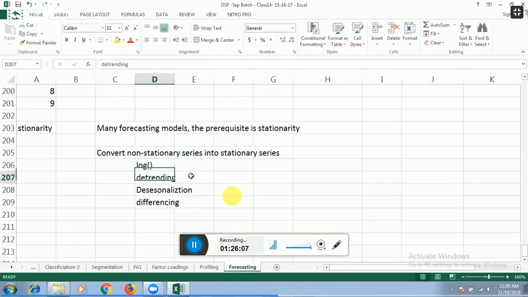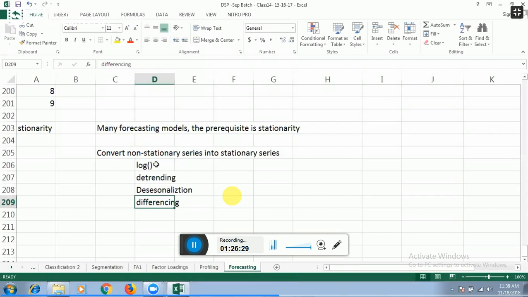If the data has a trend or a seasonality, you may remove the peaks and remove the trend component, so that the series can become stationary. And applying the difference of the series. You remember how to do the differencing? That is another way to convert a non-stationary series into a stationary series.